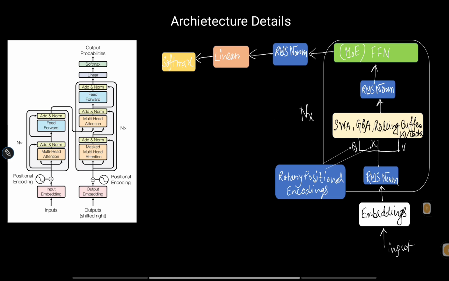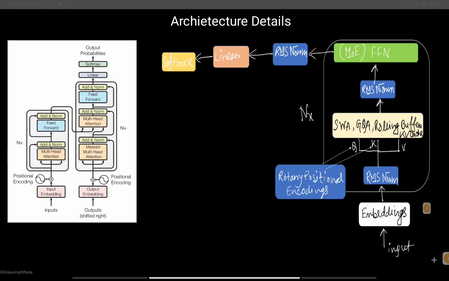Then we have this block with a few concepts you need to know: SWA, which is sliding window attention, then grouped query attention, and the rolling buffer KV cache, which is also applied in this section. Then again we have a normalization layer, the RMS normalization layer.